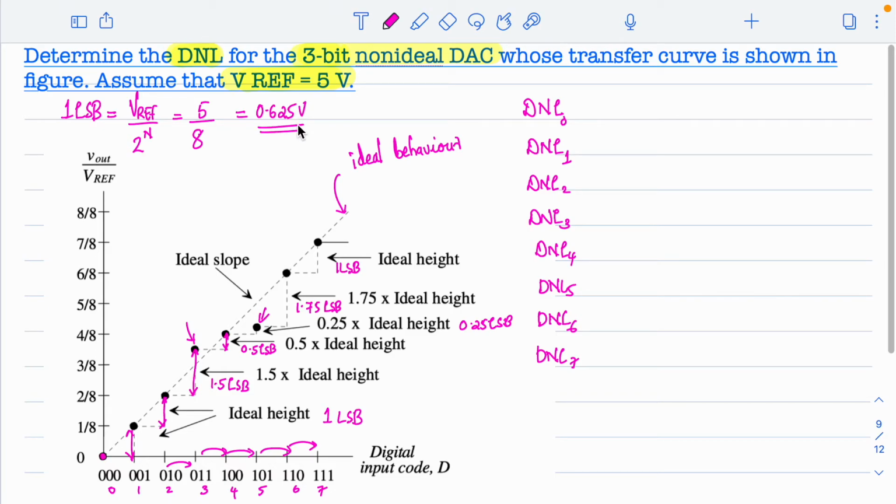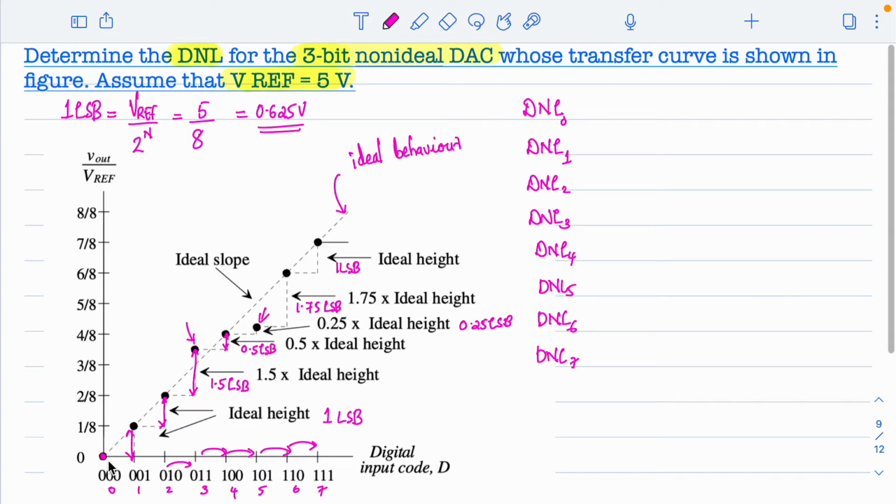Now we can calculate the DNL for every bit. Let us first look at the first input digital code 000. When the input digital word is 000, we are not expecting any increment at the output.